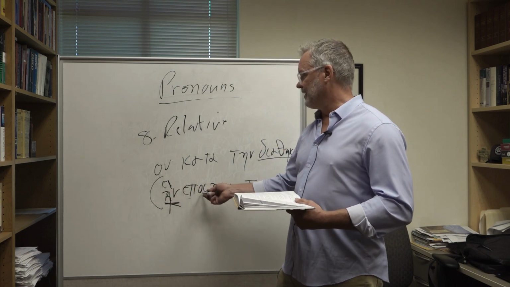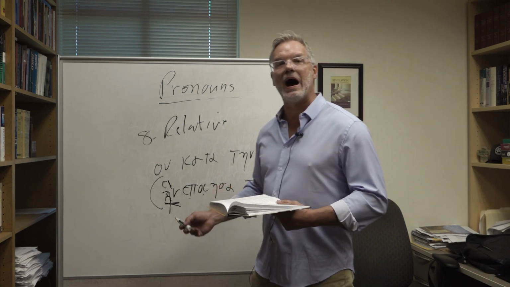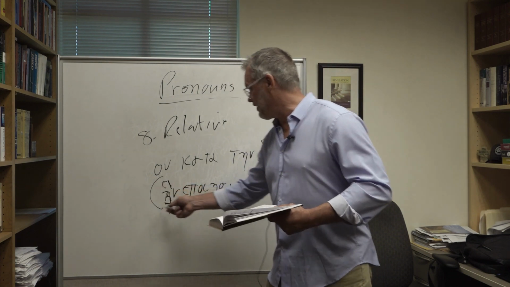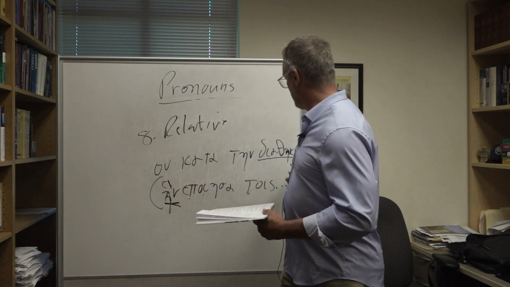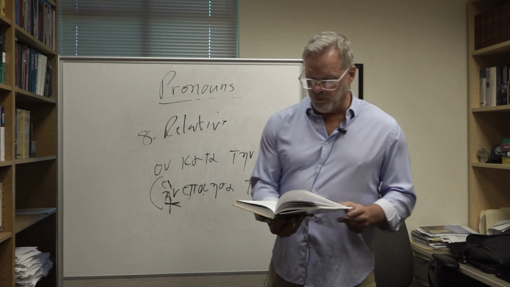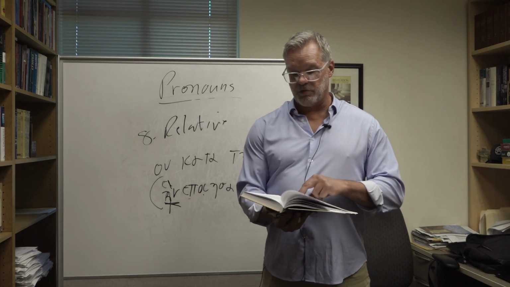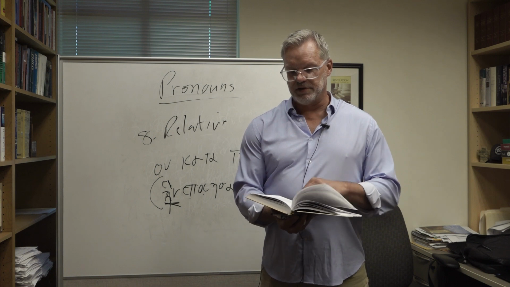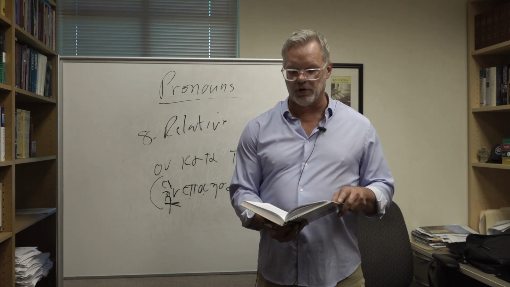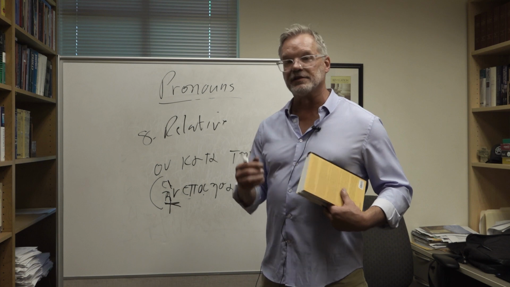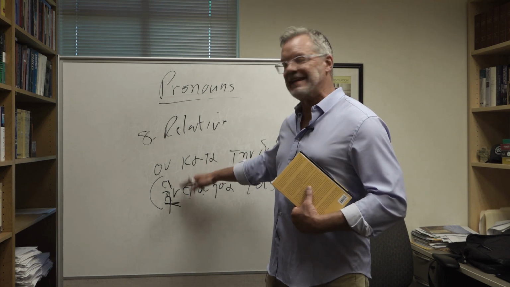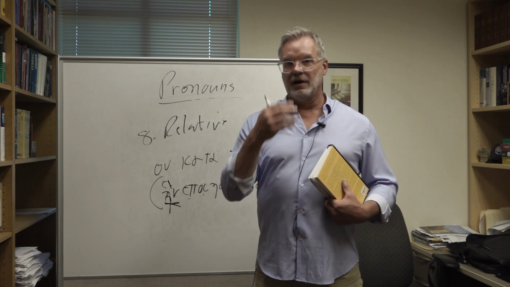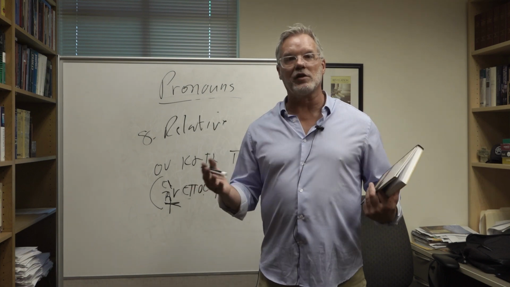It's accusative because it's functioning as the direct object of the verb in the relative clause. We're not talking about the whole sentence. We're just talking about the relative clause. So that is one of the main keys to considering relative clauses: recognizing what is the antecedent of the pronoun, and then how is the relative clause functioning?